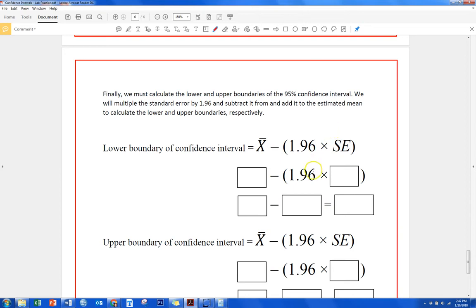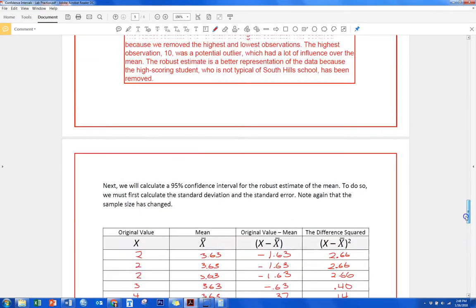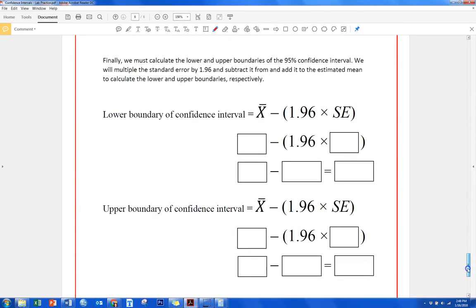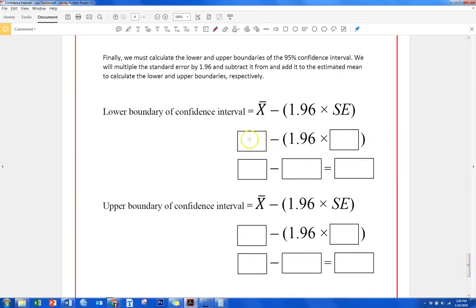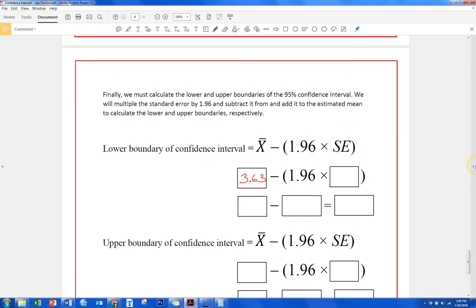So our mean is not 4 anymore. What was our mean? Let's take a look up here. Our mean was 3.63. Okay, so that's going to go in this first box. Now we need the standard error, which was 0.57. That's going to go right here. And 3.63 remains the same.